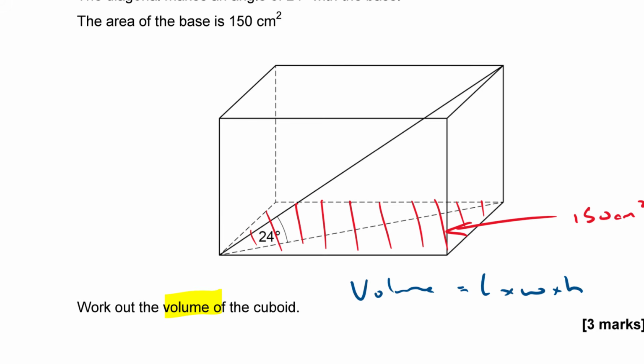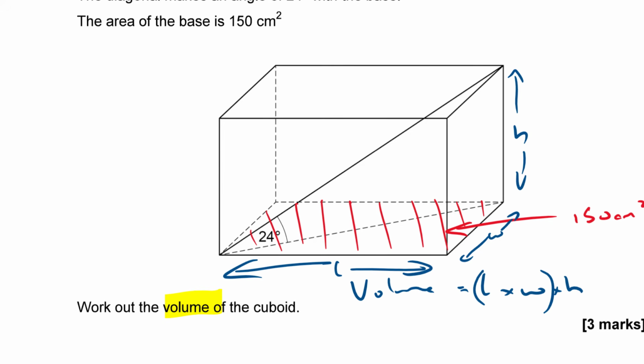So if this was length and this was width and this is the height, then actually we already know this bit of here, isn't it? That's the base. So that's the 150 that we've been given. So we just need to know the h then to work out the volume of this cuboid. And we can find that by looking at this triangle here.